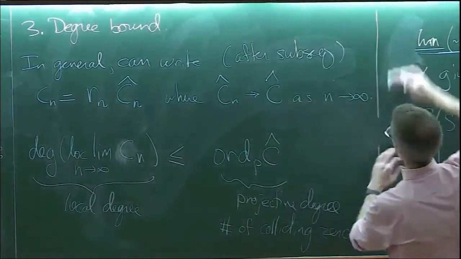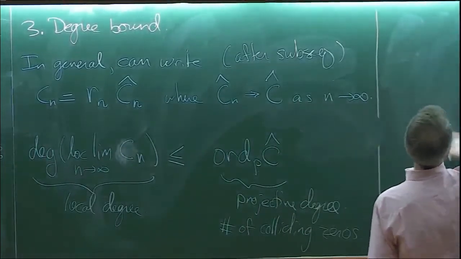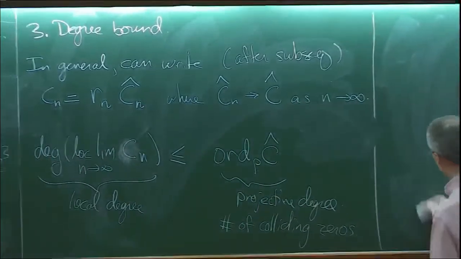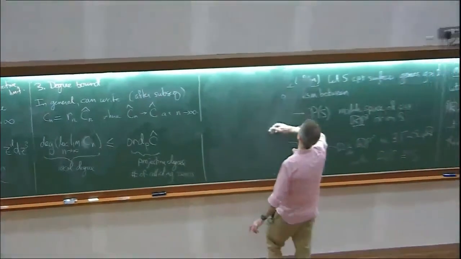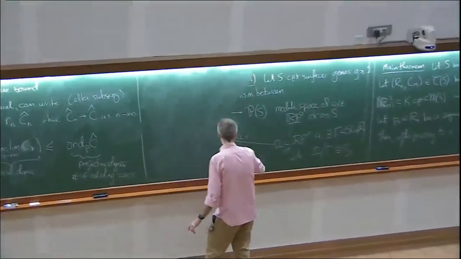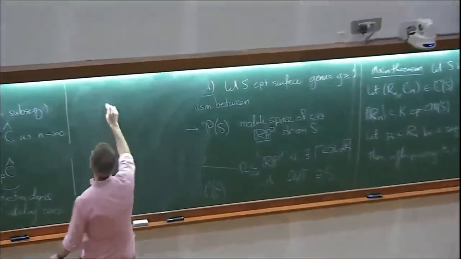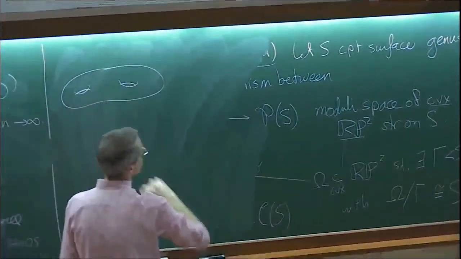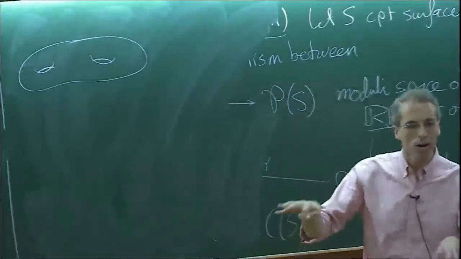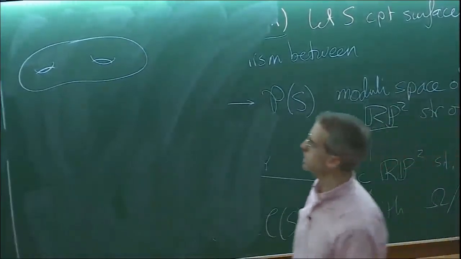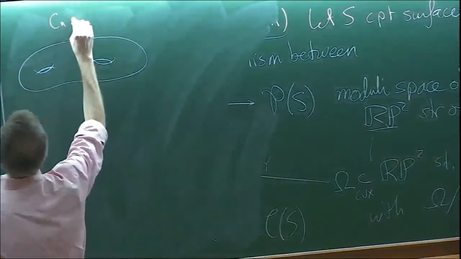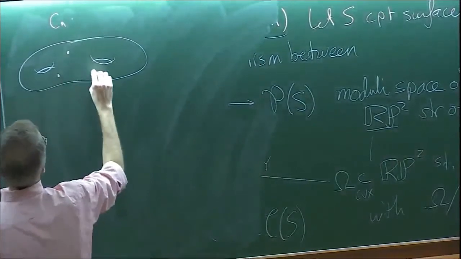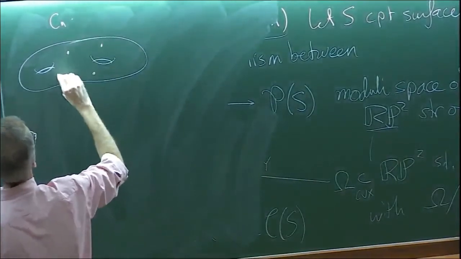Just to make a quick picture of what I mean by colliding zeros. We're working on a compact Riemann surface. A cubic differential is uniquely determined up to a complex scalar just by looking at where its zeros are, if you know them up to multiplicity. So Cn looks something like this. It has a scattering of a certain number of zeros.